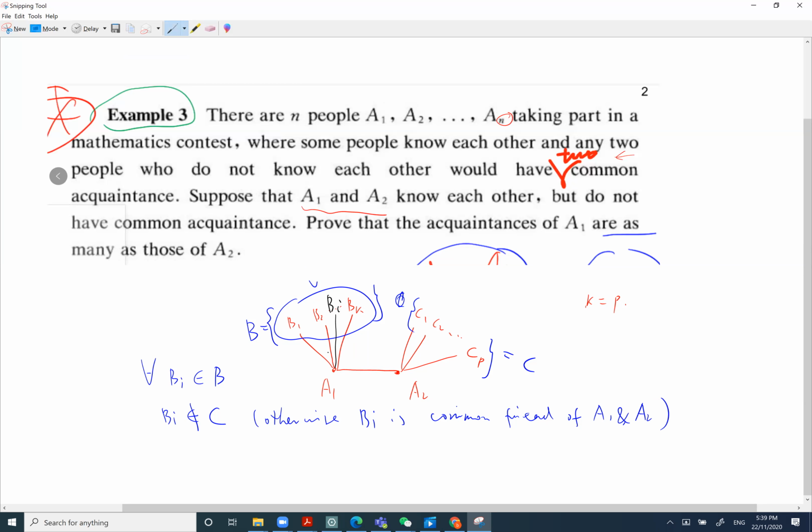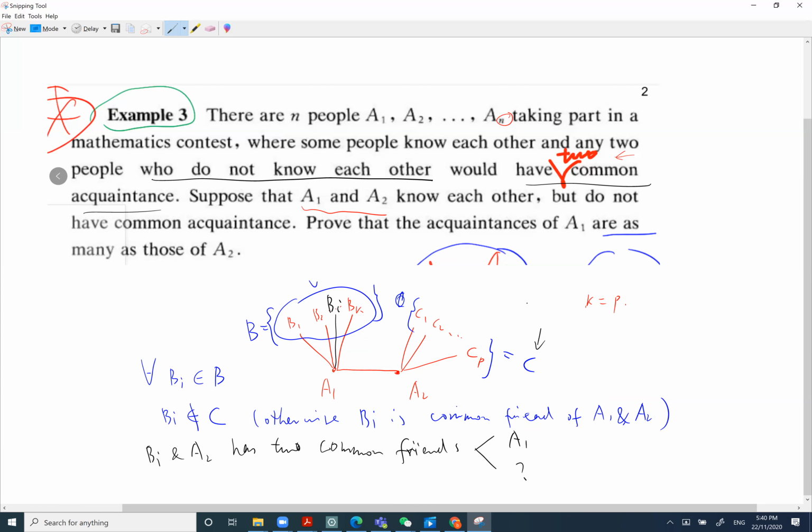If they don't know each other, they have two common friends, which means BI and A2 have two common friends. One is just A1. They both know A1. How about the other one?